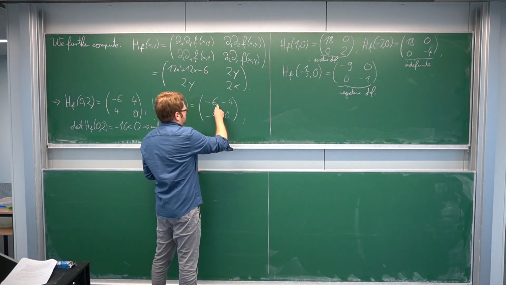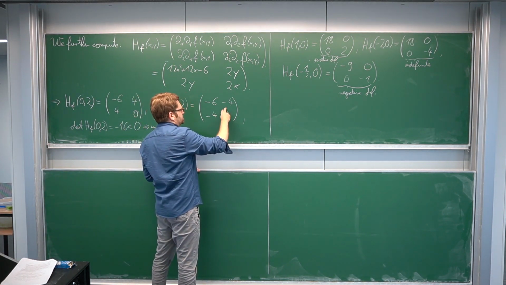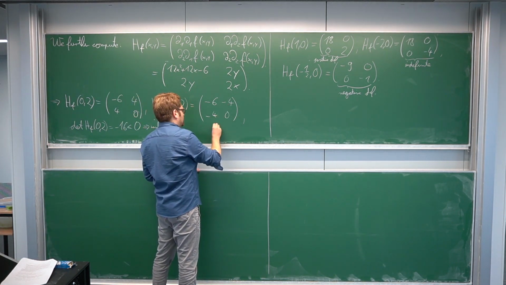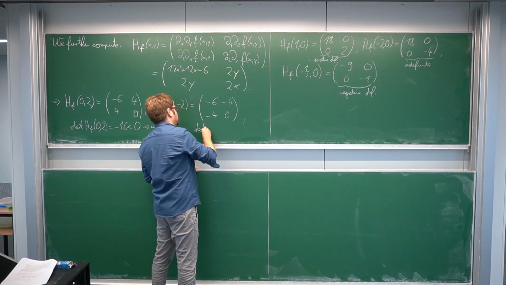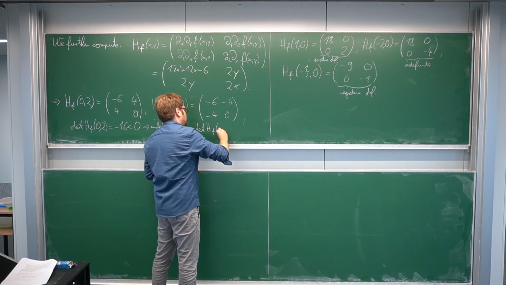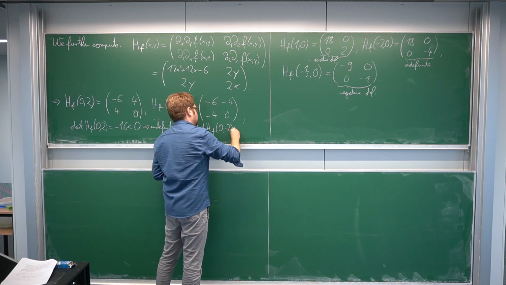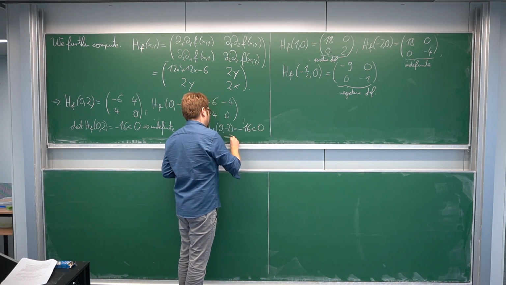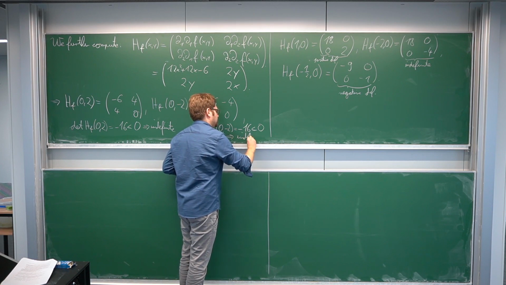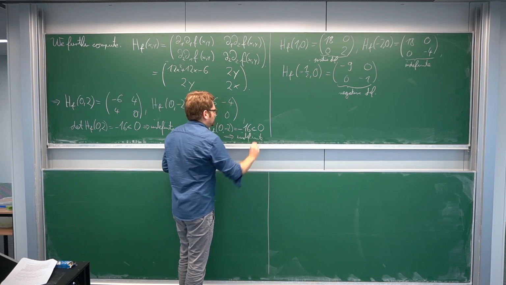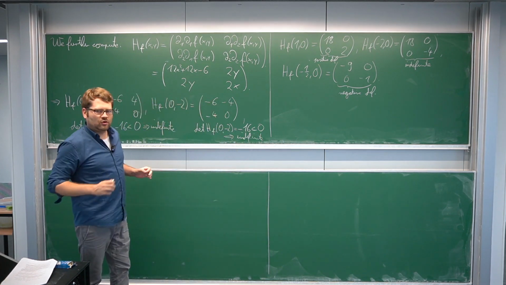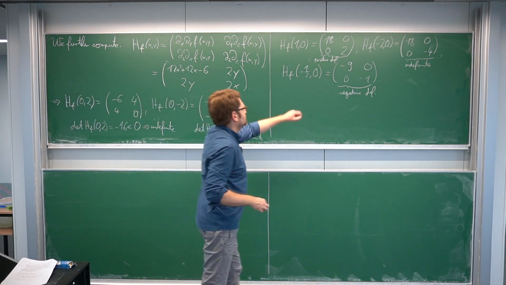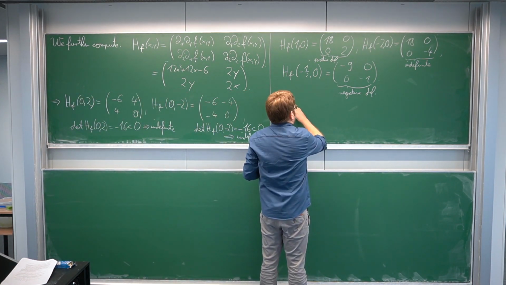And the same here: minus 6 times 0, minus 4 times minus 4, so minus 16 again. The determinant of Hf in (0, minus 2) is also negative, so this is indefinite. The indefinite points mean we don't have a local minimum or a local maximum, but we see that we have one of each direction.